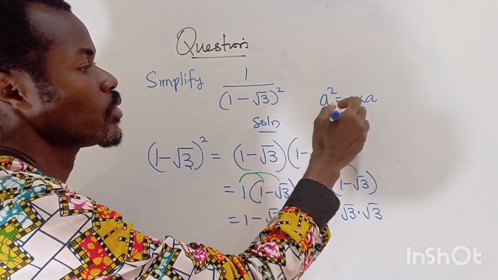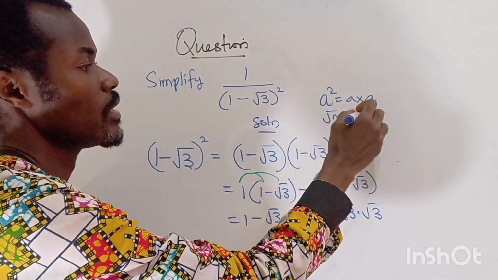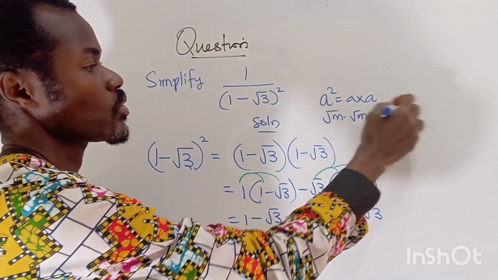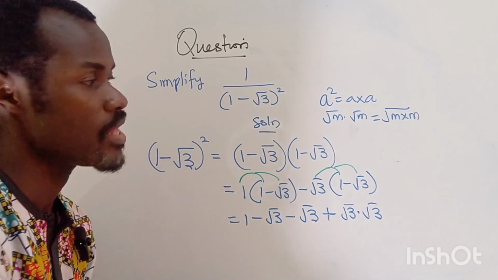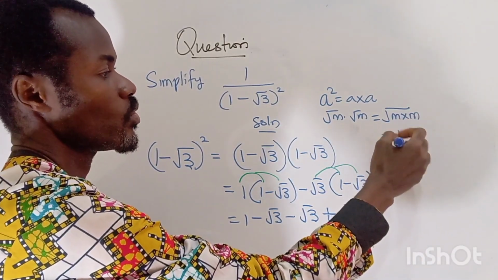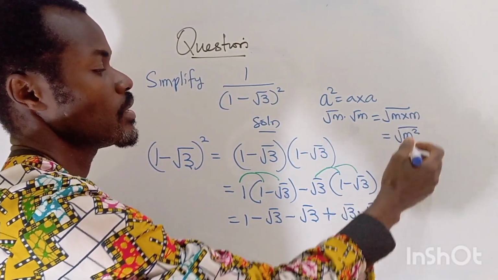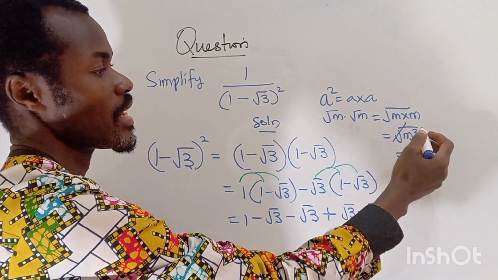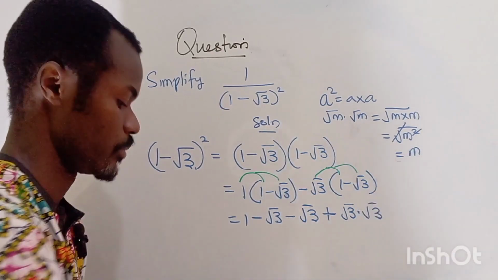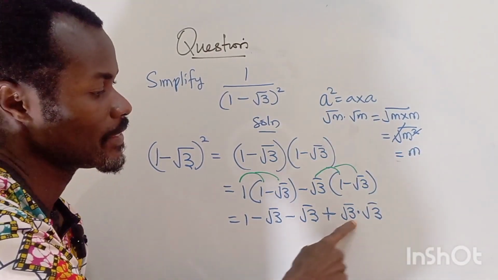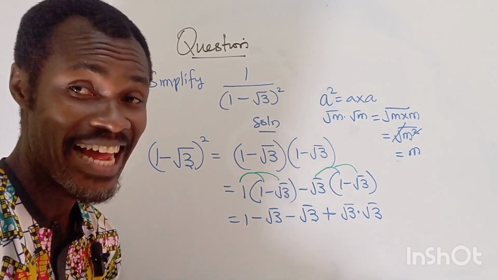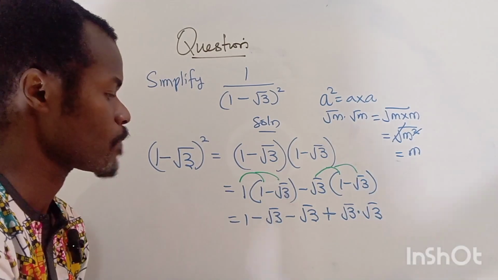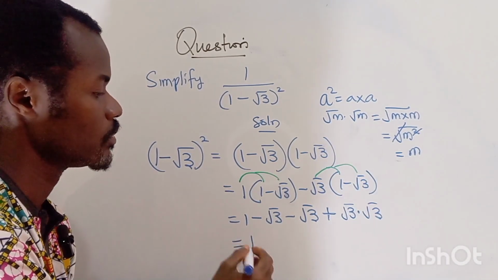Remember, if I have root m multiply root m, it also means square root of m times m, and this can give us square root of m squared, which is, this can cancel this, which is m. So this times this also means square root of 9, which also means 3. So we're going to have 1.